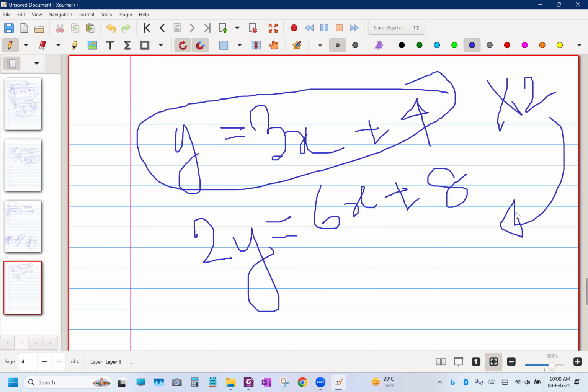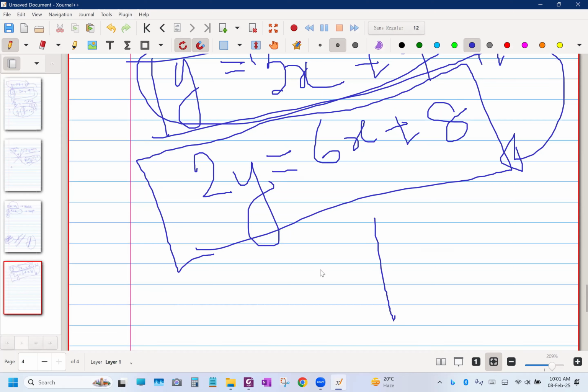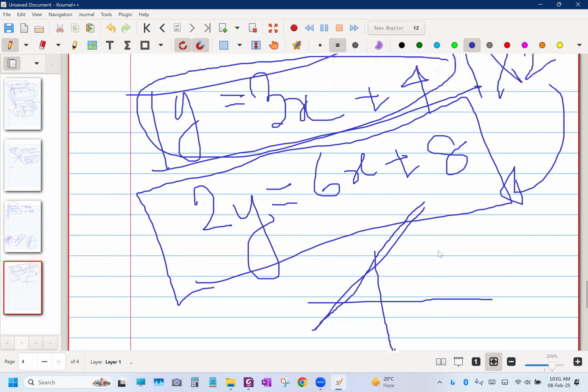Am I correct or wrong? Yes, because you multiply both sides of this equation, then you would get this equation. So this is the case where they are overlapping each other.